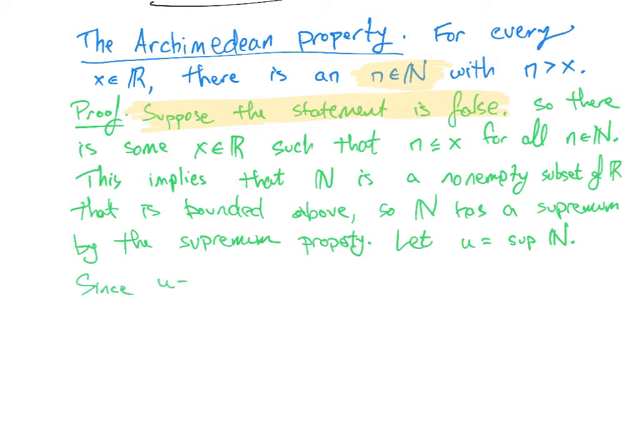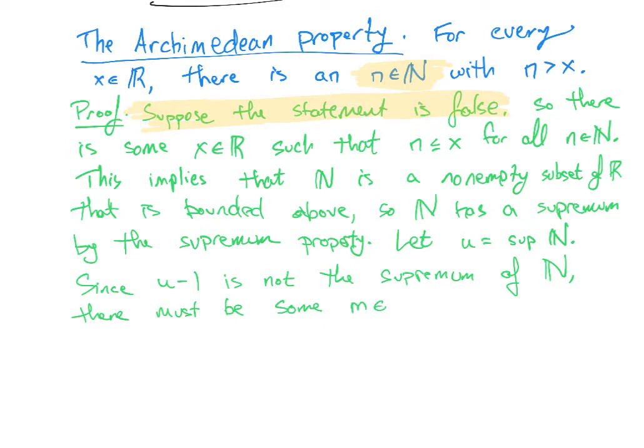Since U minus 1 is not the supremum of N, there must be some natural number, I'll call it m, which is bigger than U minus 1.